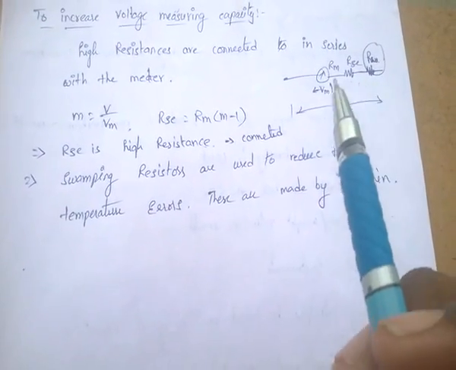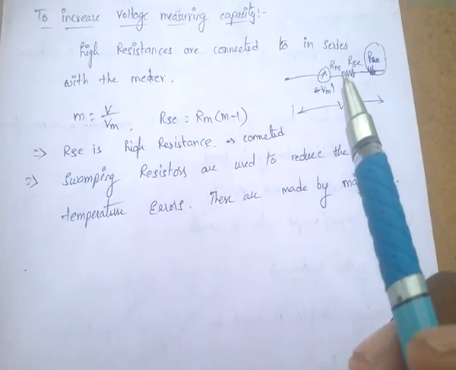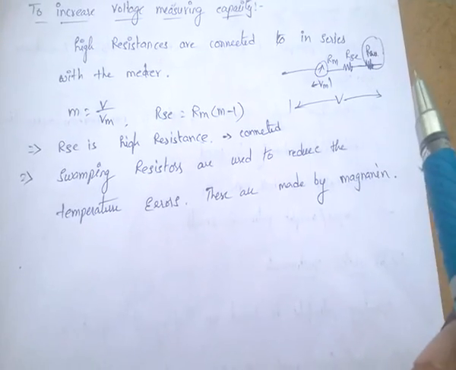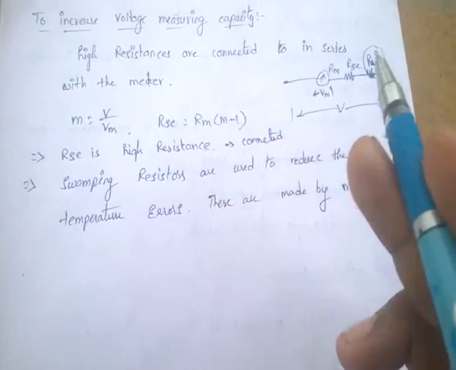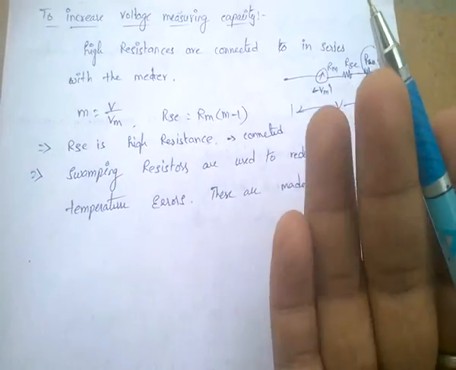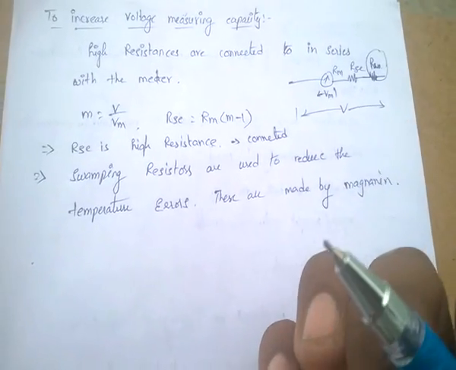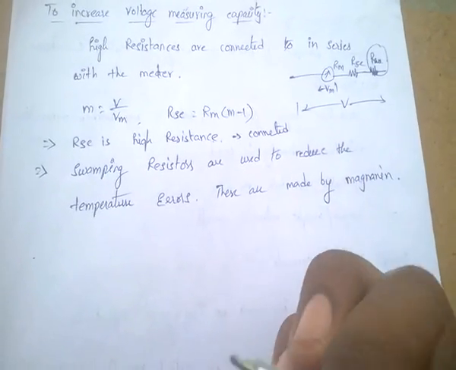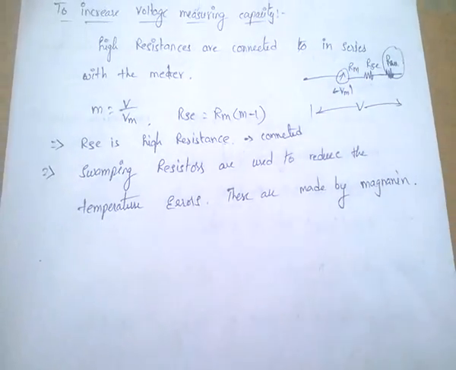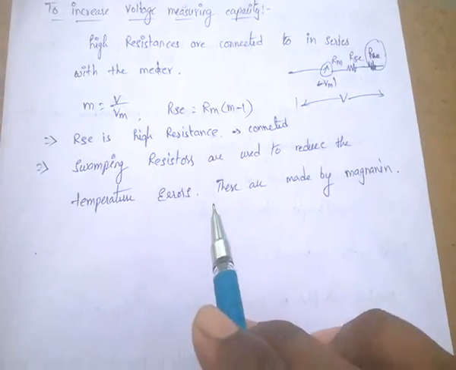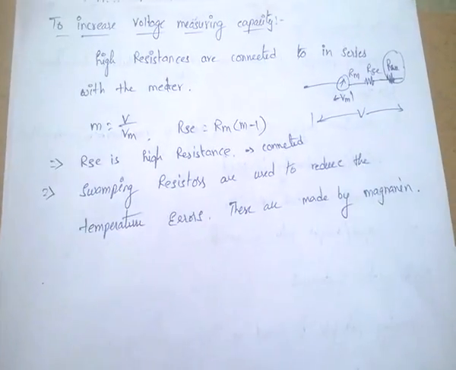This RSC equals Rm into m minus 1, where m equals V by Vm, and swamping resistors may be connected to reduce the temperature errors. The materials used for swamping resistors are manganin or constantan.